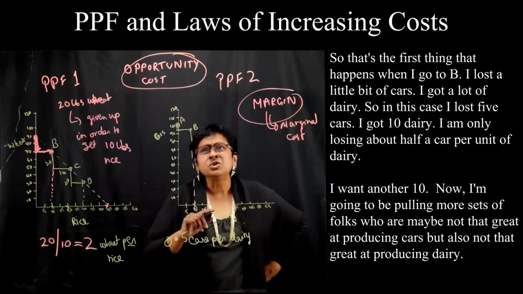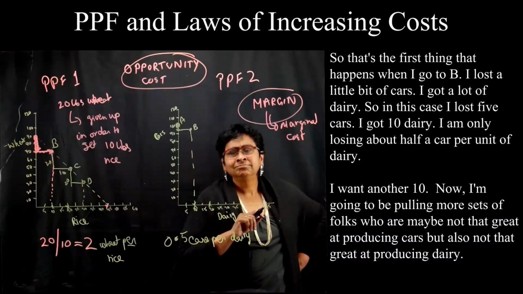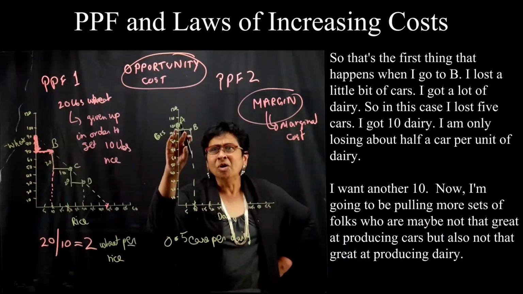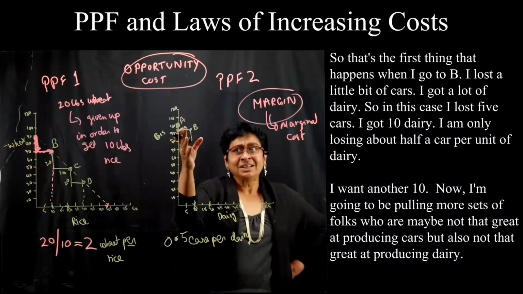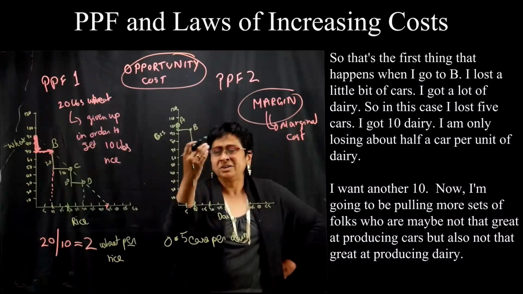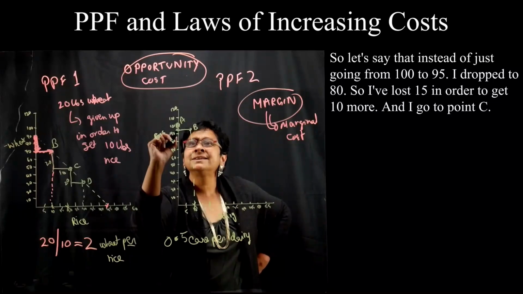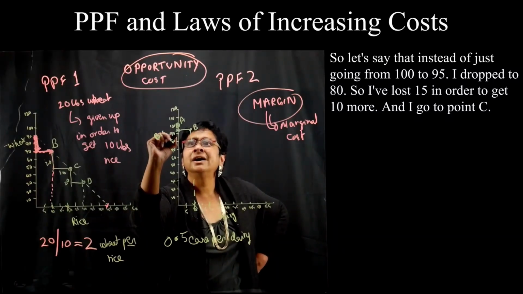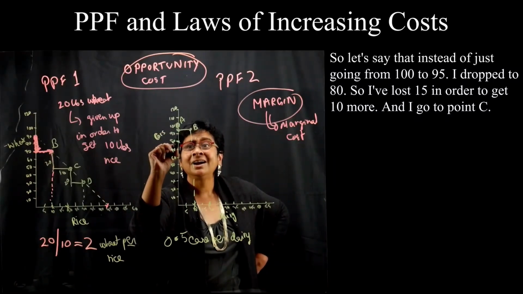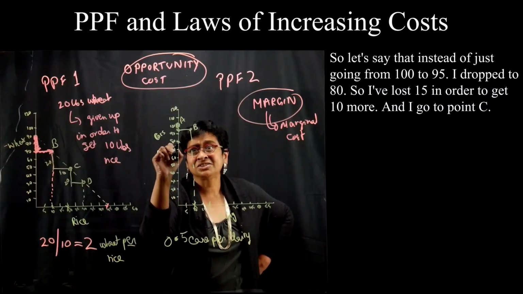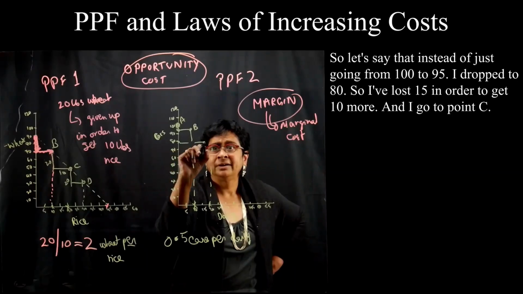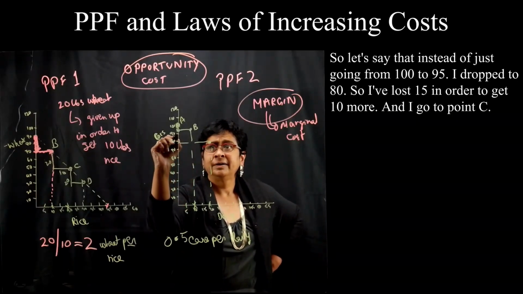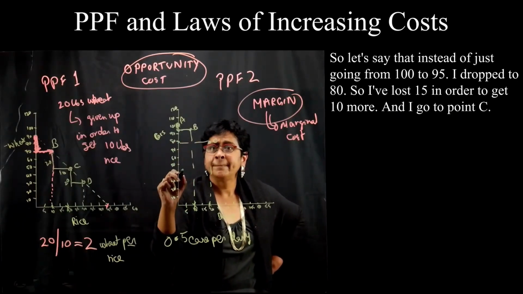Now I'm going to be pulling more folks who are maybe not that great at producing cars, but also not that great at producing dairy. So let's say that instead of just going from 100 to 95, I drop to 80. So I've lost 15 in order to get 10 more dairy. And I go here to C.